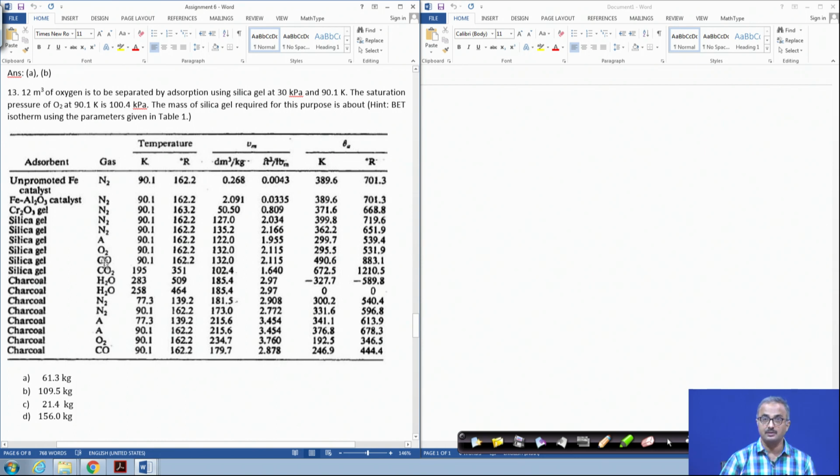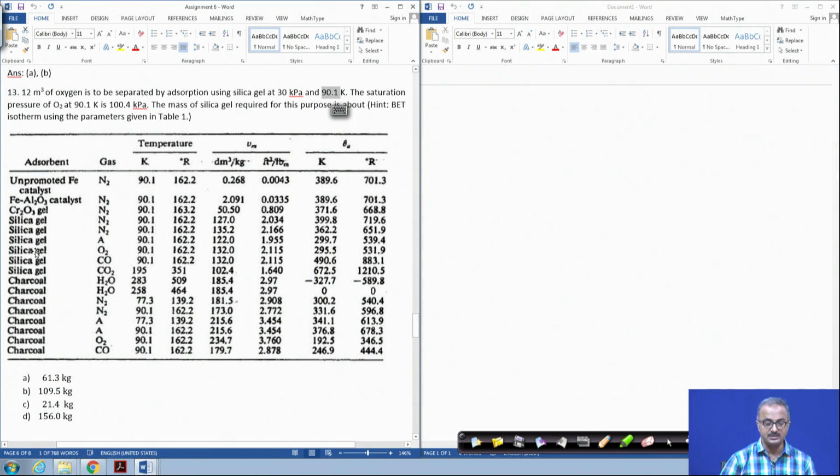In the second column you have the various types of gases. So as per this problem you first locate the silica gel, and then oxygen. Then you see that these values have been given for 90.1 Kelvin, which also corresponds to the value given in our problem. So these values are right.